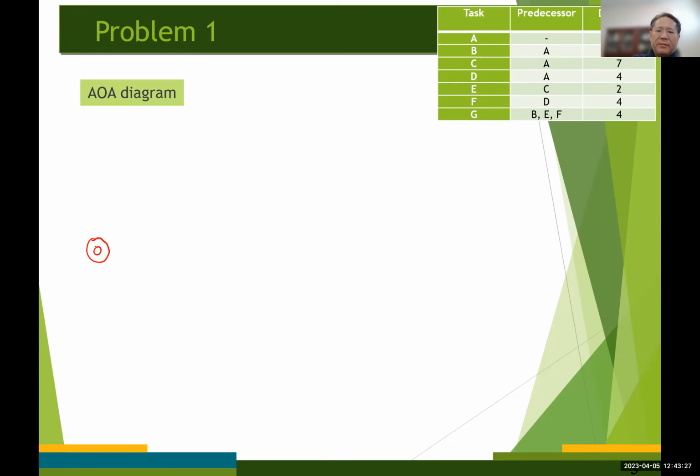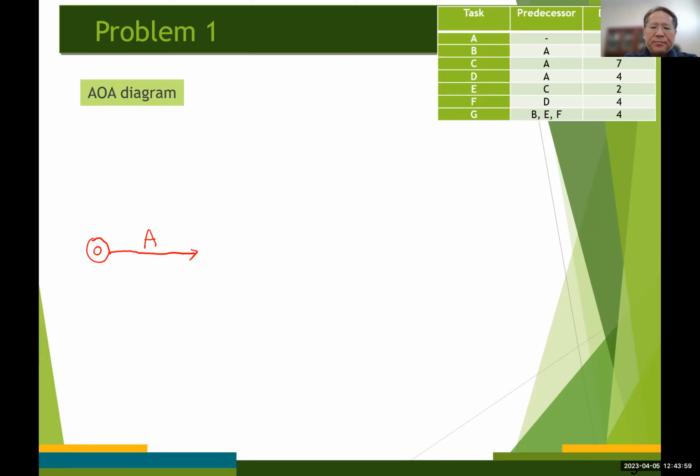Because activity A has no predecessor, an arc should lead from node 0 to activity A, which has no predecessors, right? So that's going to be activity A, okay?